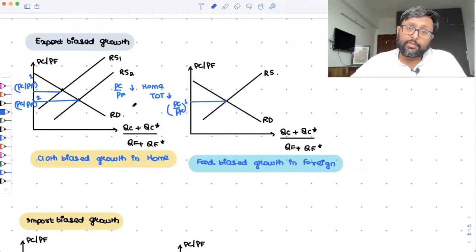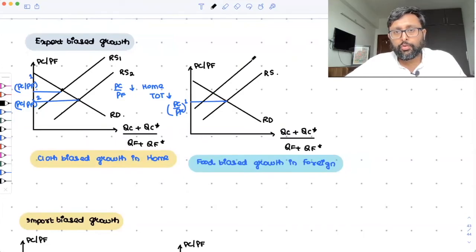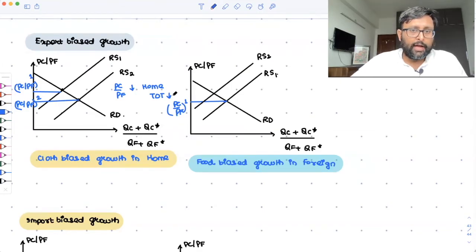So it is going to increase the amount of food in foreign. When it is going to increase the amount of food in foreign, what is going to happen? Means less cloth is going to be produced in foreign. So the relative supply of cloth in foreign is going to decrease.